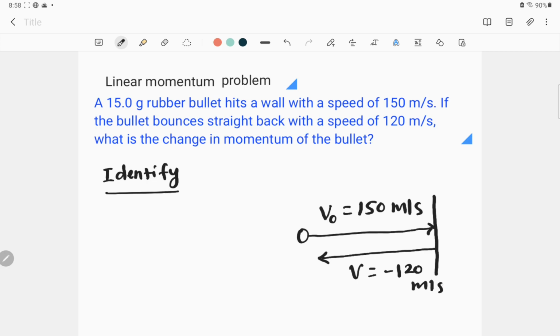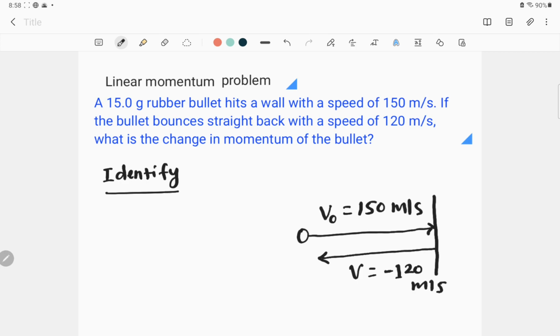Look at here, when you take the velocity just opposite to the initial velocity, always take a negative sign, because velocity is a vector quantity. This is the positive x-axis and the negative x-axis should be negative. So velocity is negative 120, right?